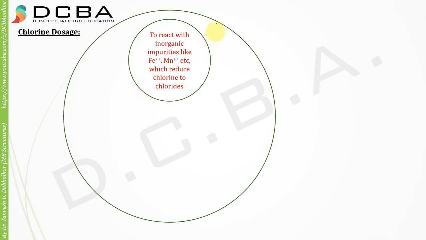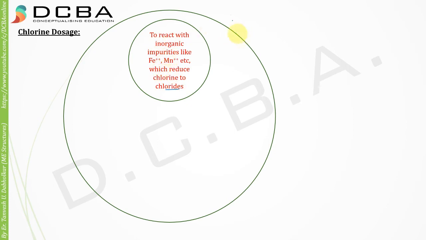Out of this entire chlorine dosage, some part of the chlorine will be required to react with inorganic impurities, correct? Inorganic impurities like ferrous, manganese ions, etc., will reduce chlorine to chlorides.